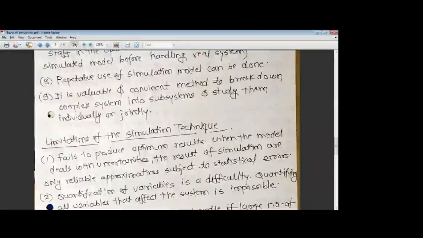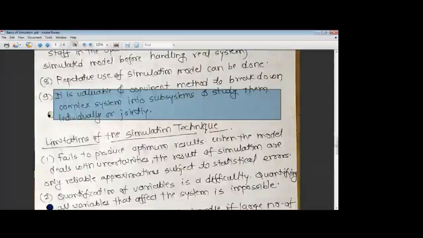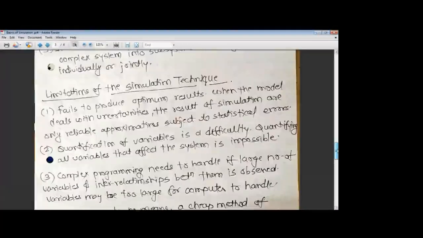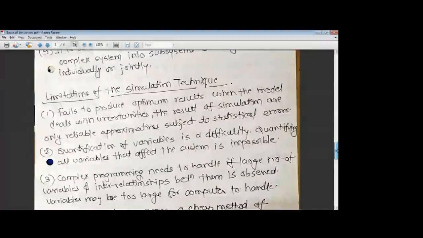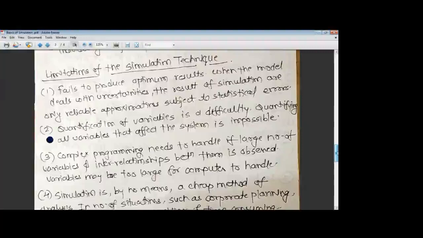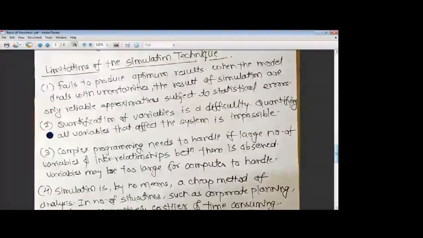It is a valuable and convenient method to break down a complex system into subsystems and study them individually or jointly. Any complex situation is broken down into individual problems and then solved individually or jointly. This is the philosophy of your simulation model, and it is also one of the advantages. So now, what are the limitations of your simulation model?